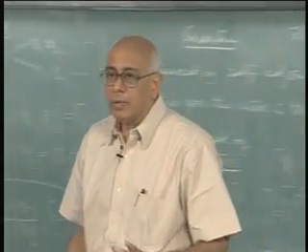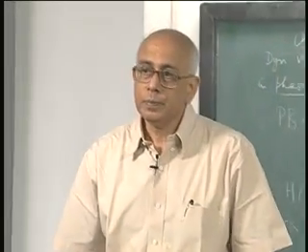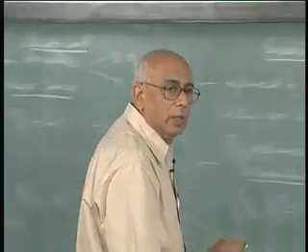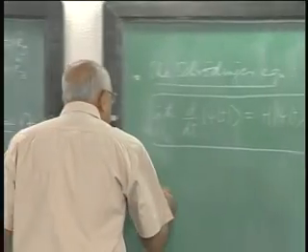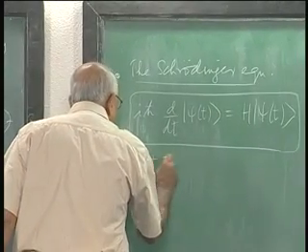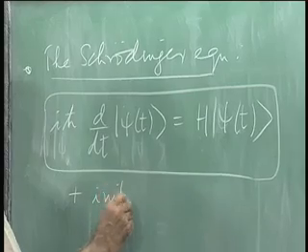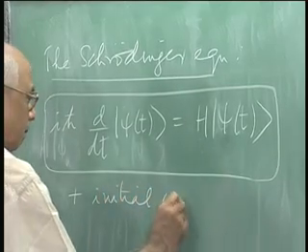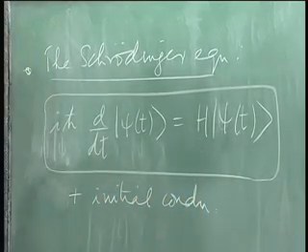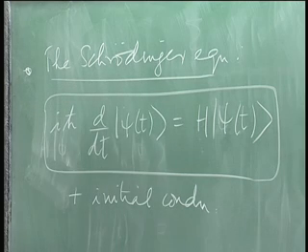What is the order of the equation? It is first order in time. So in principle if you treat this like an ordinary differential equation, an initial condition is needed to solve this equation uniquely.